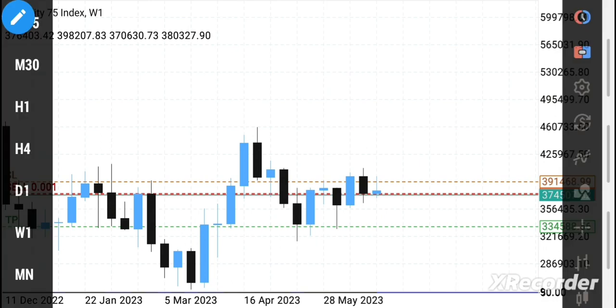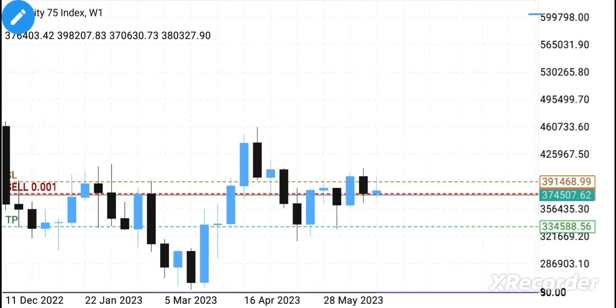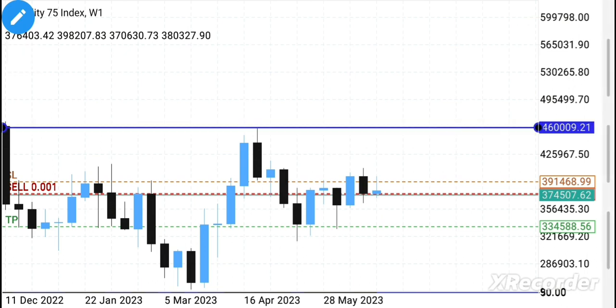We have to get our tools, our horizontal lines, and mark this. Remember, the monthly time frame has shown us that the market is going down. We also have to get the same picture in this weekly, which will show us that the market is going down.